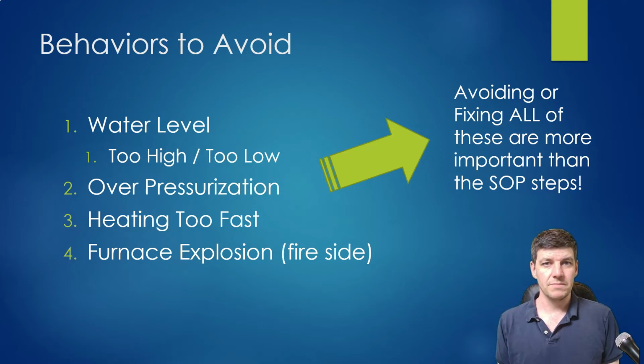These are the overreaching concepts that we always have to be mindful of when we're trying to start up a boiler. If any of these start to go wrong, we need to prioritize these above anything else. So we're going to talk through what causes these and then how we can avoid them as you go through your startup.